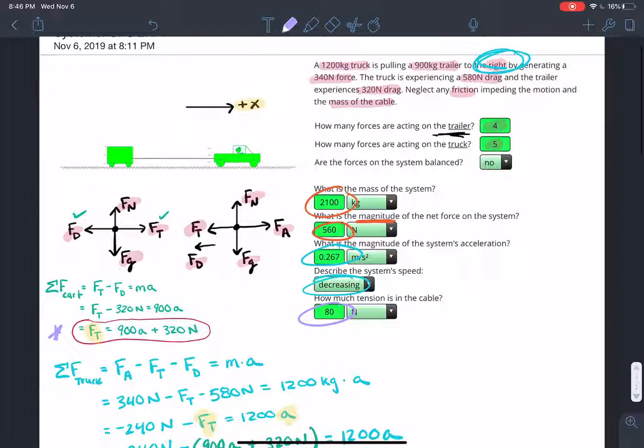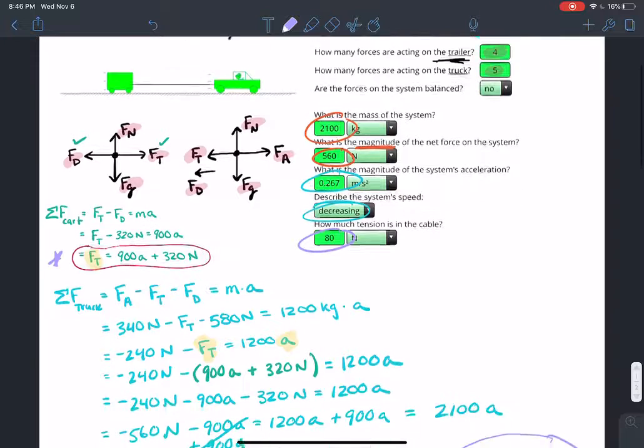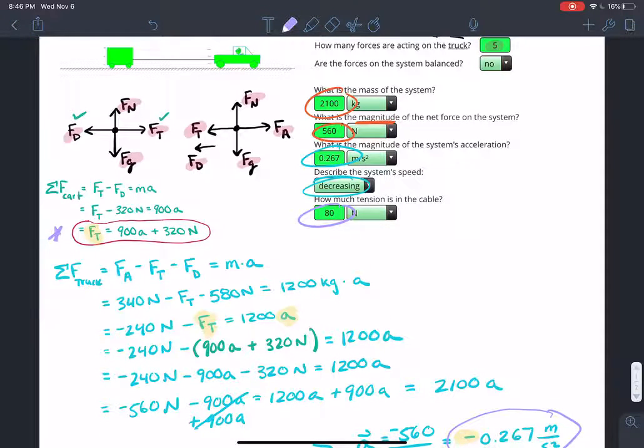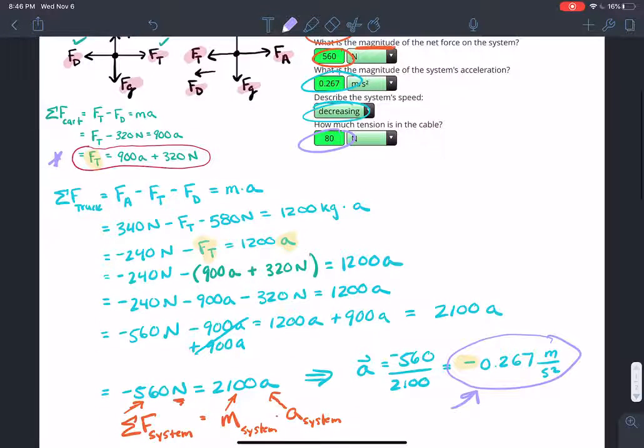So when we walked through this problem, the first step is drawing a free body diagram for each part of your system you want to analyze, setting a motion coordinate system, calling the direction of motion positive, summing the forces for each free body diagram, setting them equal to MA, solving for acceleration, using the acceleration back in one of your original equations to solve for tension, and looking at sign convention to determine if the object is slowing down, speeding up, or not changing speed at all.